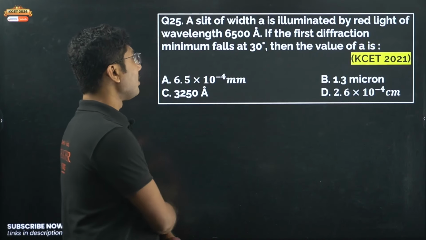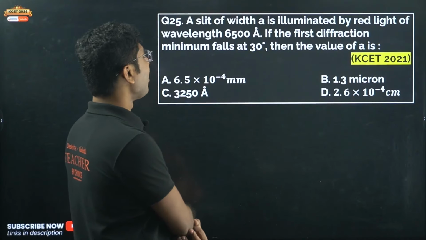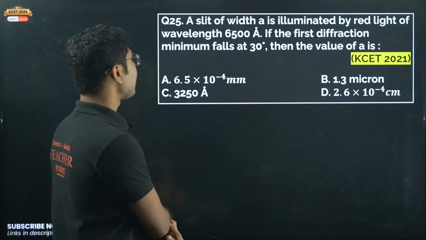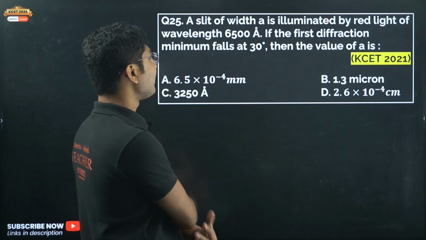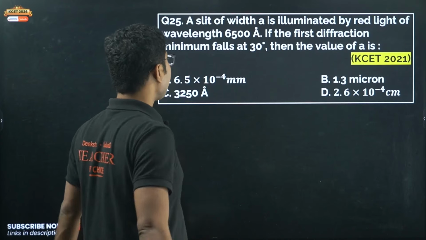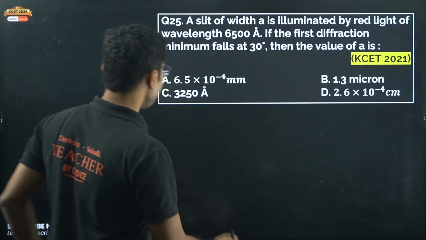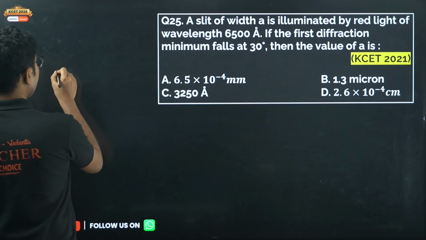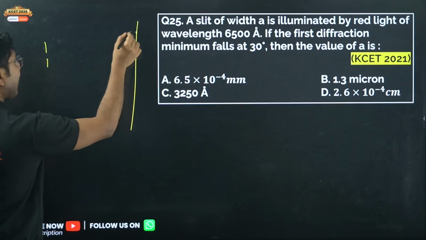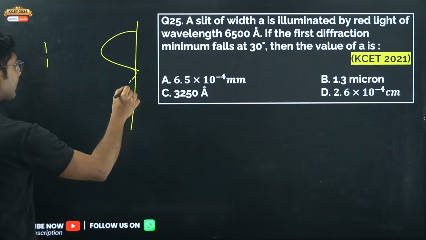A slit of width a is illuminated by red light of wavelength 6500 angstrom. If the first diffraction minimum falls at 30 degrees, then the value of a is? So first of all, what is this question about? We have a diffraction pattern, we have a screen, and we observe this diffraction pattern.